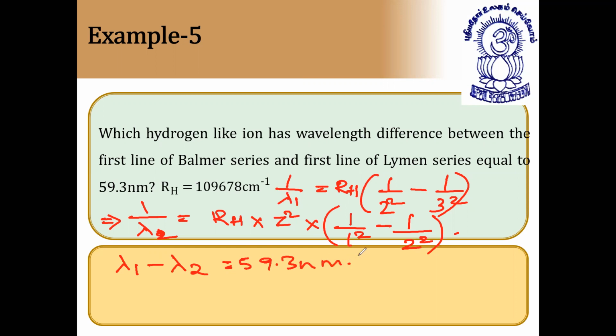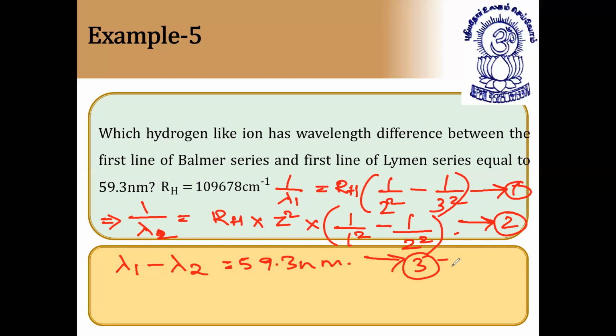By using the first, second and third equations, we can solve for the value of Z, because RH gets cancelled and only the Z value is remaining. All the remaining values we know, so we can get the Z value straight away.